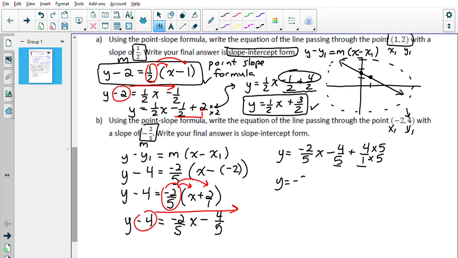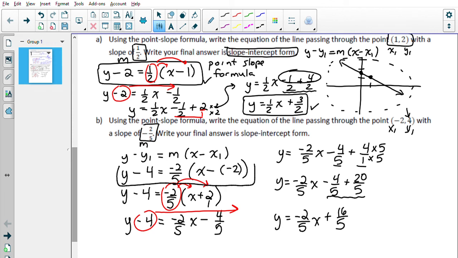So I'll get negative 2/5 x minus 4/5 plus 20/5, and then I can combine those two together and get negative 2/5 x plus 16/5. So my two equations, point slope form was this one, and slope intercept form was that one.